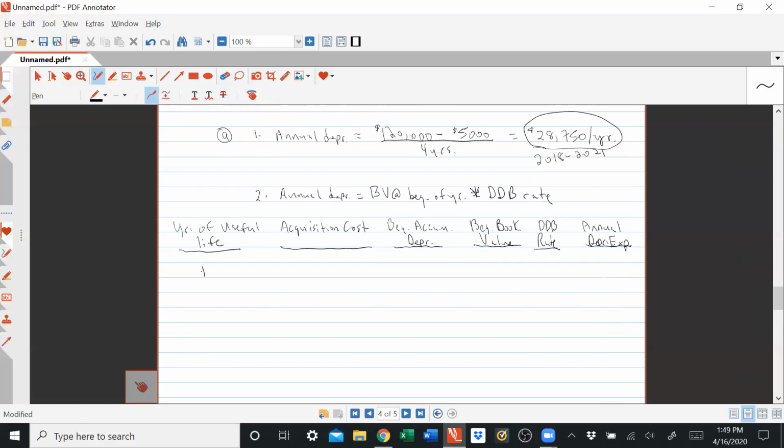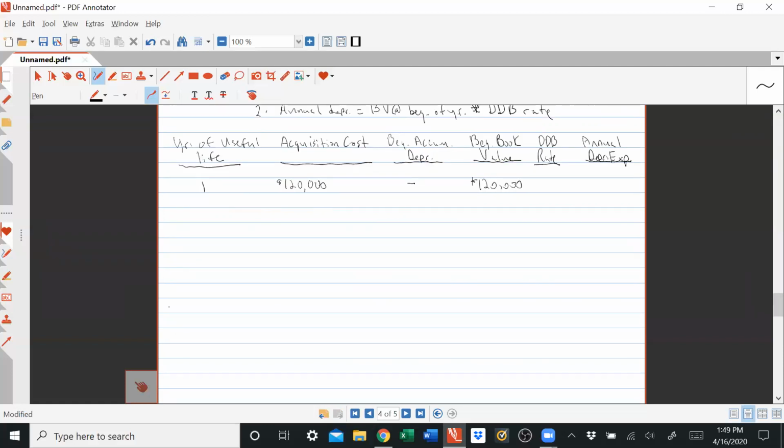So year 1, the acquisition cost is 120,000. At the beginning of year 1, accumulated depreciation has a balance of 0, so we'll just put nothing there. The book value, therefore, at the beginning of year 1 is 120,000. We haven't depreciated it yet. The DDB rate, all right, what's the formula for the DDB rate?